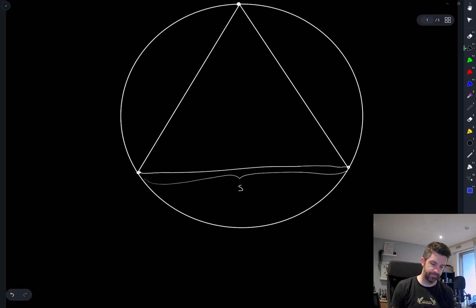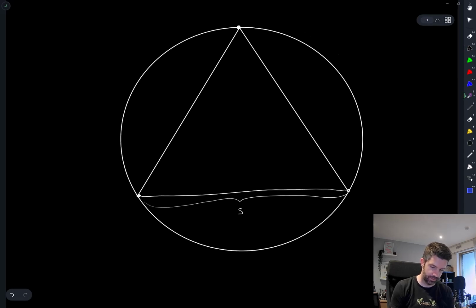These angles are misleading, because if I call that theta, that's not actually the angle between this line and the base, since we've lost the depth, the third dimension.